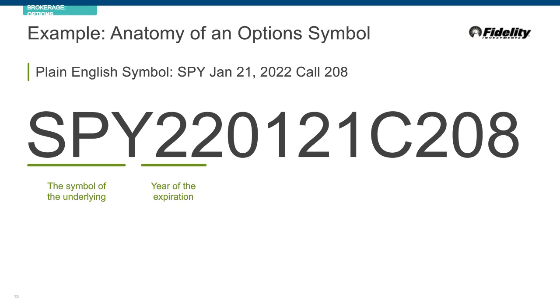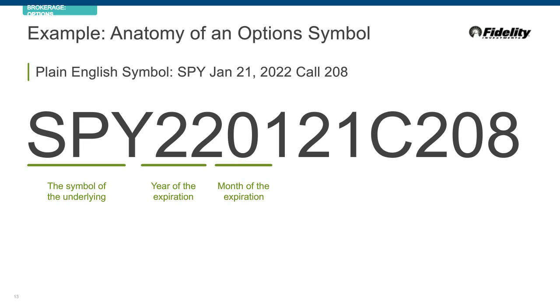Now, what happens after this is it keeps going to a narrower focus. After we do our year, we have our month of expiration, just two numbers, 01. I'm sure it's no surprise to everyone here, this is going to be January.